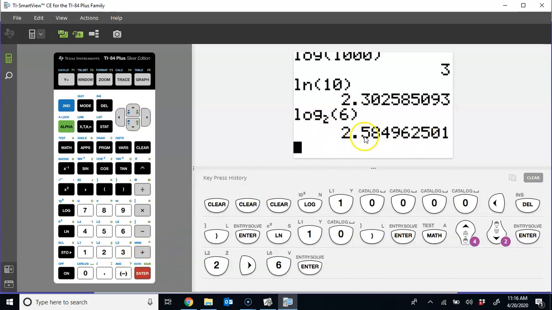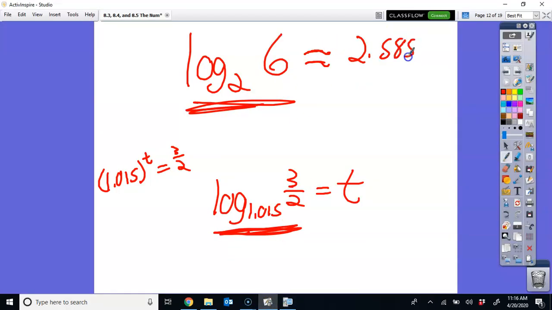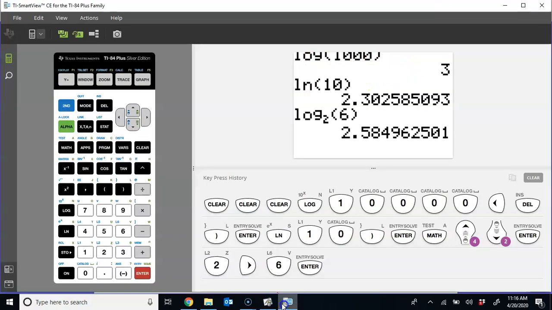Press enter, 2.585. That's where Mr. Harrison found that answer. That's how I knew 2 raised to this exponent equals this number. So I use my calculator with this little log base feature.